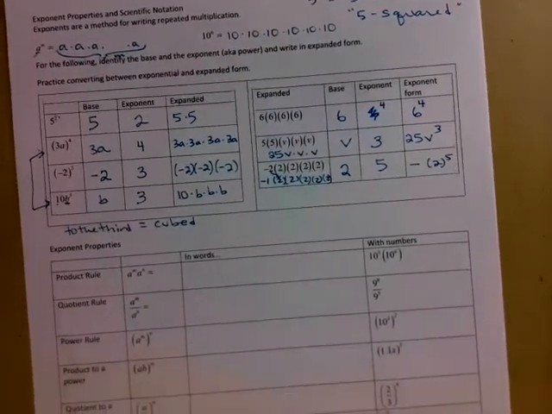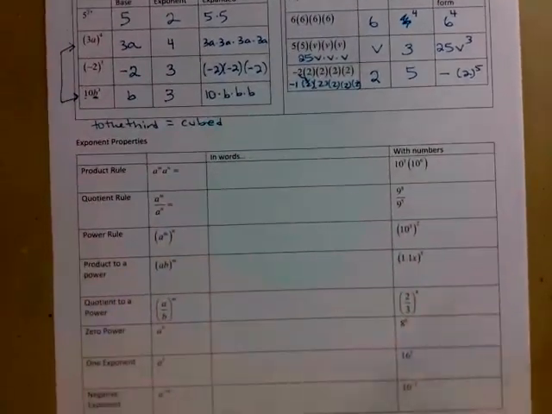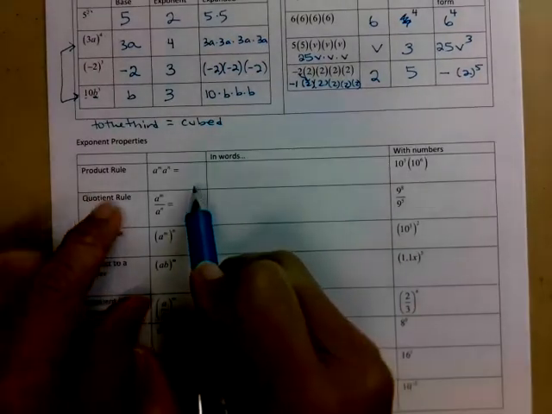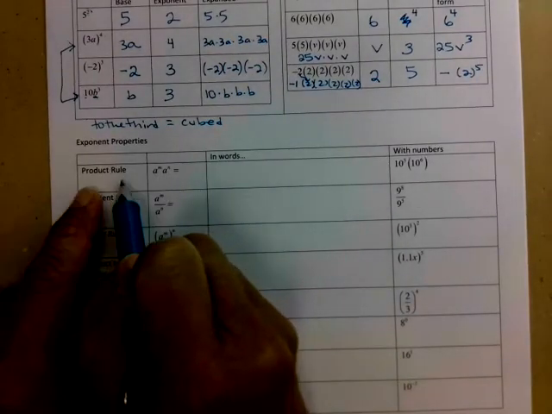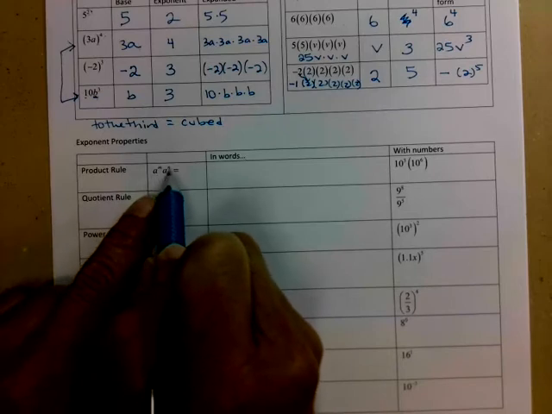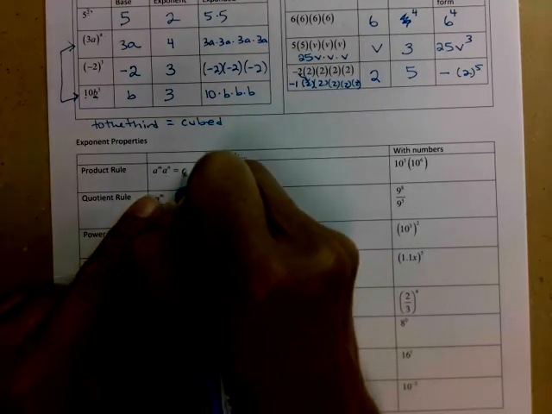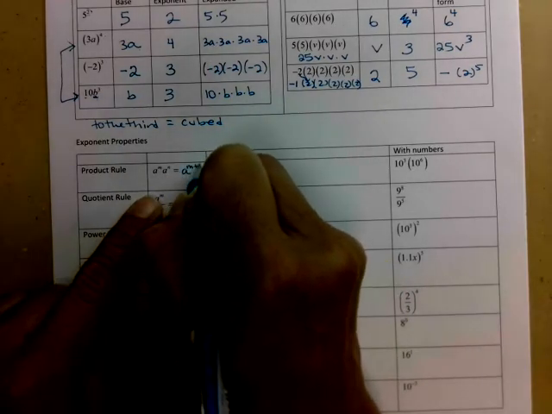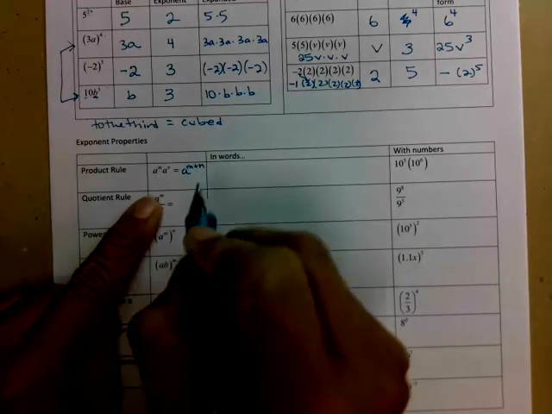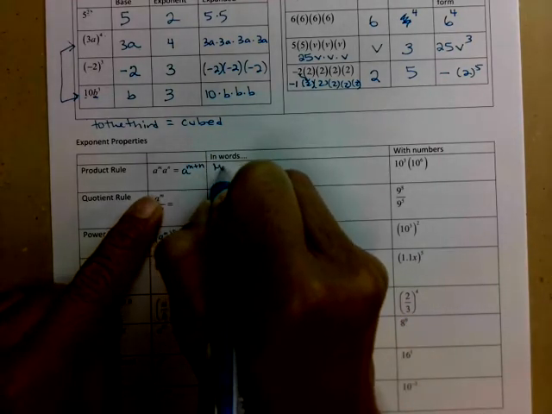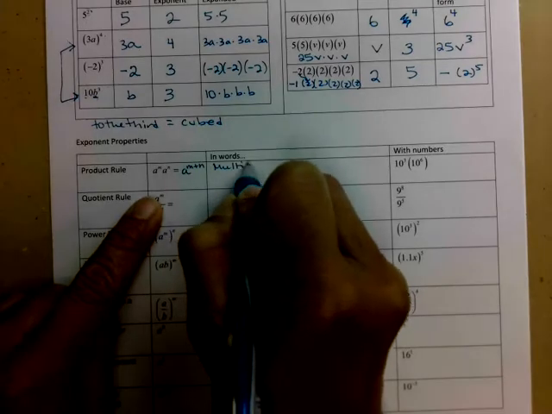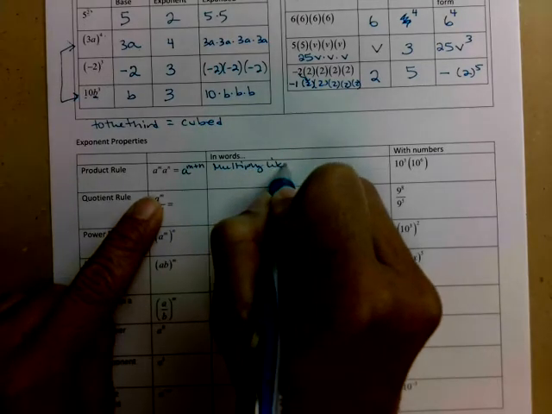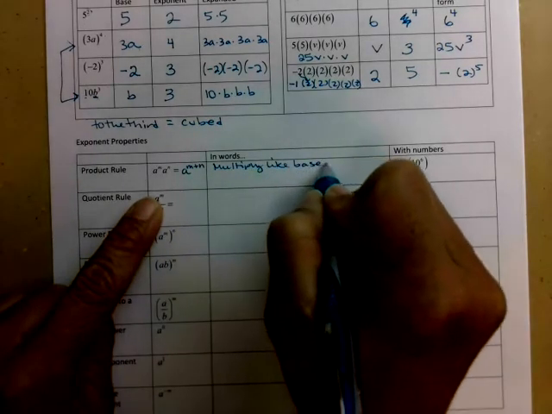Okay, so the exponent properties. Product rule: a to the m times a to the n equals a to the m plus n. In words, what we say is if we multiply like bases, like means the same.